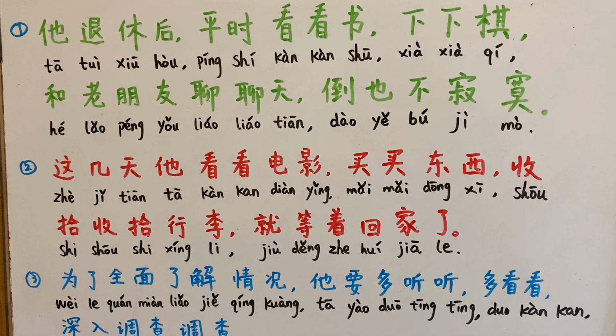So 看看书下下棋 is another way to use this verb reduplication.